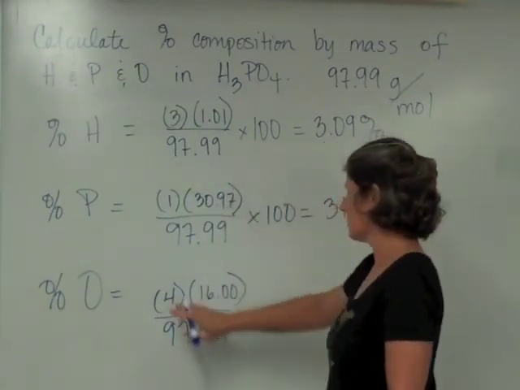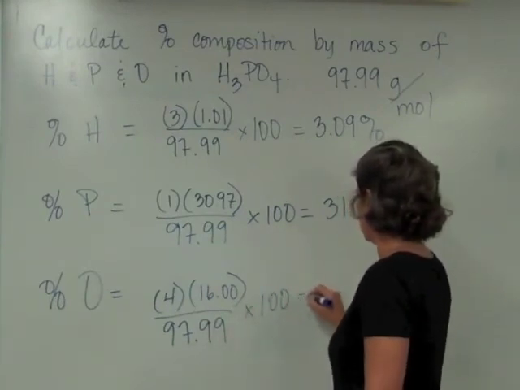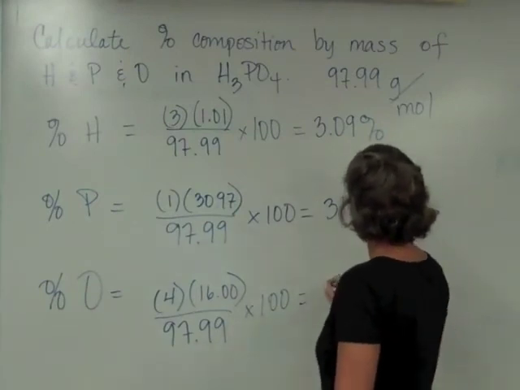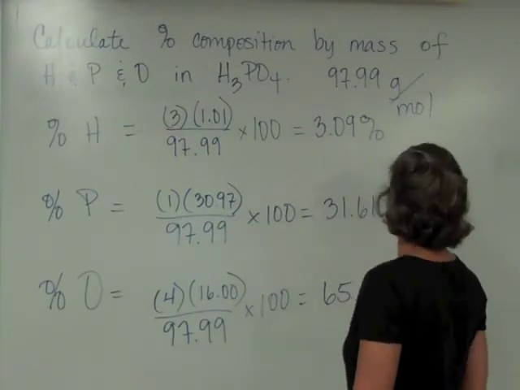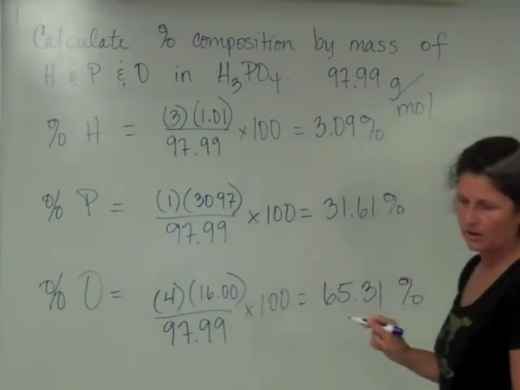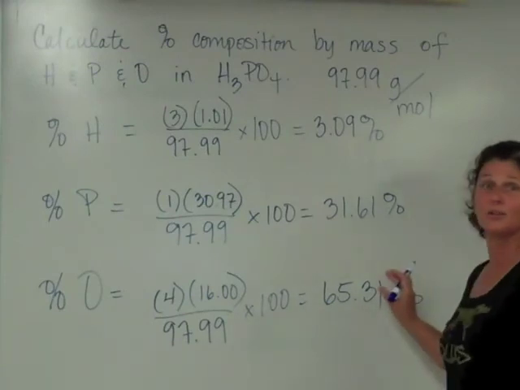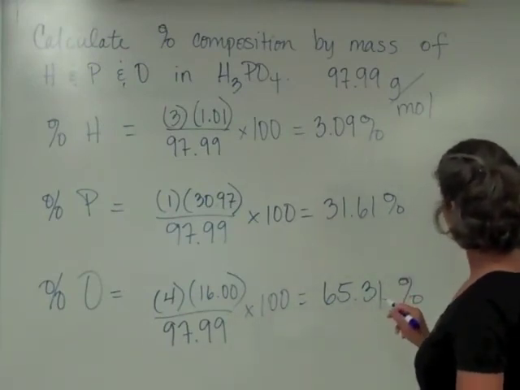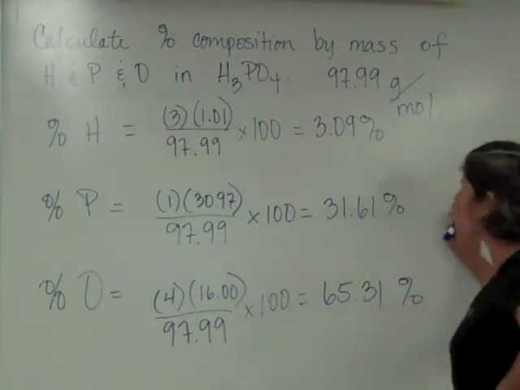Okay, the part divided by the whole times 100, and we get 65.31%. Okay, somewhere I have made a rounding error because we've got 100.1%. Okay, sorry.